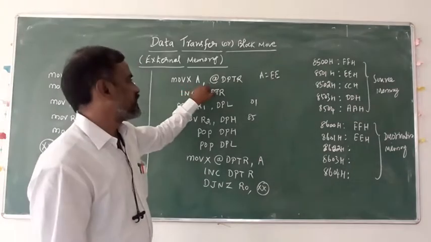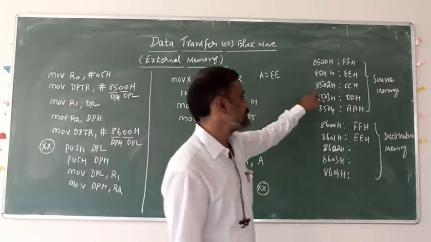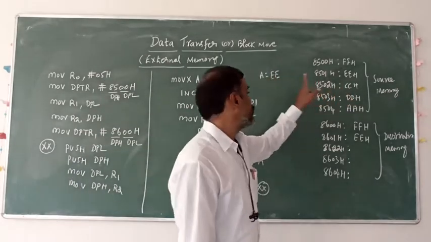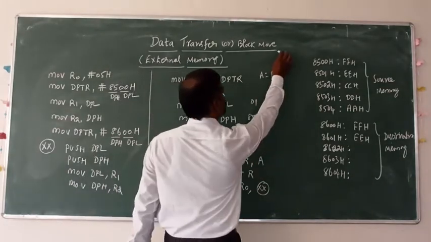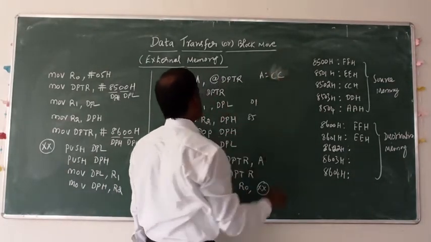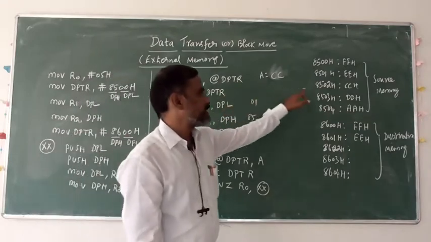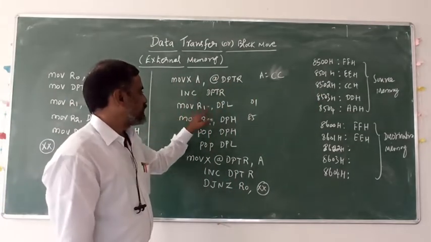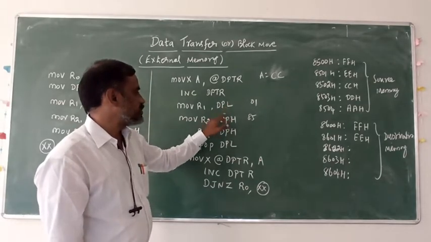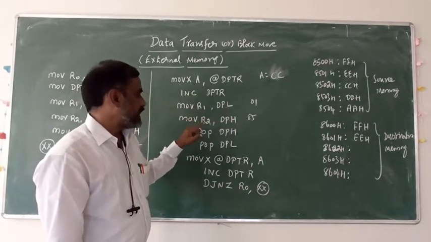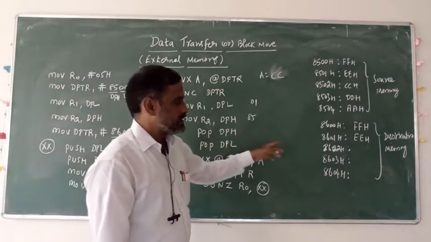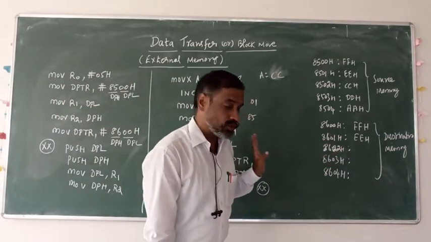MOVX A, @DPTR. Now this is the data pointer address at present. This data is moved to the accumulator. Now the accumulator is equal to CC. After that increment the next address 8503 source, and then the source address location is moved to R1 and R2, and then retrieve the stack pointer address 8602.